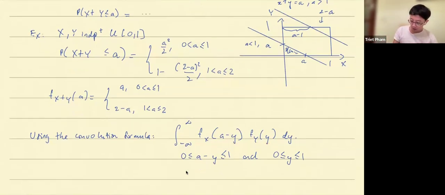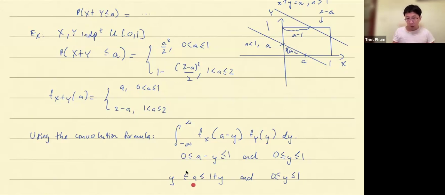Now, this of course means a is less than or equal to 1 plus y, and y is less than a. Both of these must be satisfied. Immediately you see there are two possibilities.